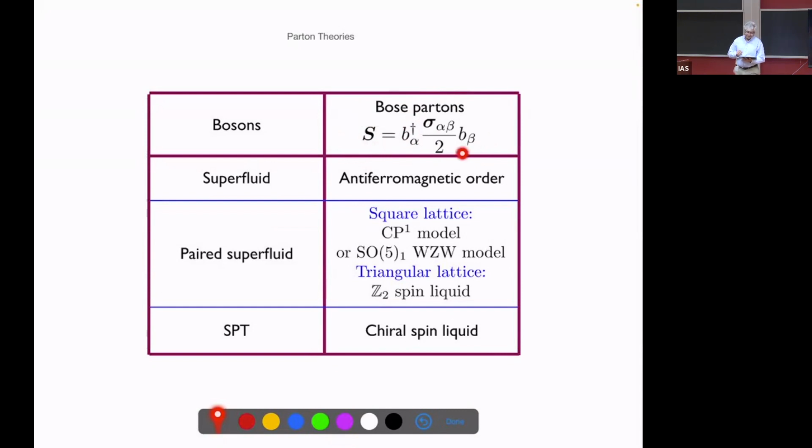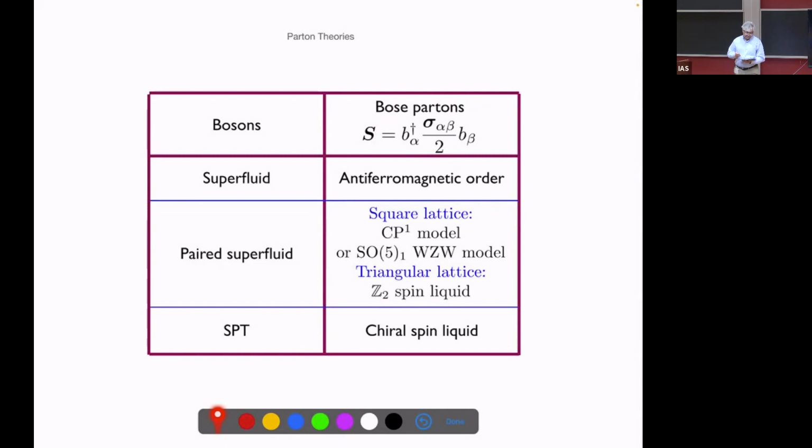The difference in the right column is that, of course, once you make a Parton decomposition, there's a gauge field. There's some kind of gauge symmetry introduced anytime you make a Parton decomposition. And so you have to worry about the effects of the gauge field. That's what we spent several weeks on, the effect of the gauge field, and we got a theory of the Z2 spin liquid in a particular theory of these partons.